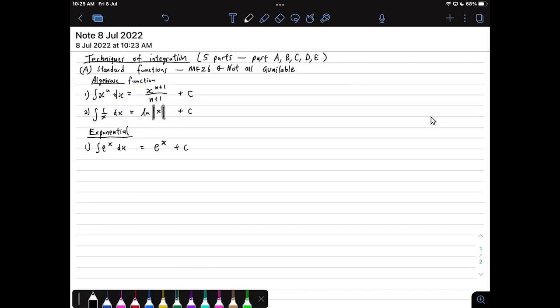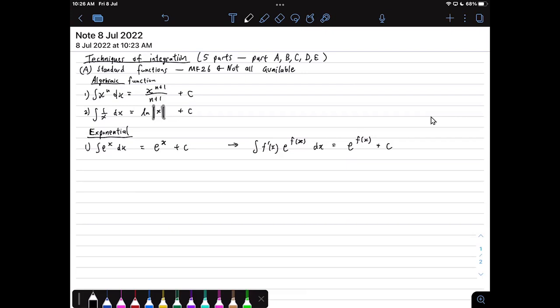Don't forget the plus c. But if you generalize it to the integral of e to the power f of x dx, what do we get? It's a bit difficult to integrate, so what you need is an extra f prime of x in front of it. Then we can use the inverse chain rule and conclude it's e to the power of f of x, because the integral of e to the power x is still e to the power x, then plus c.